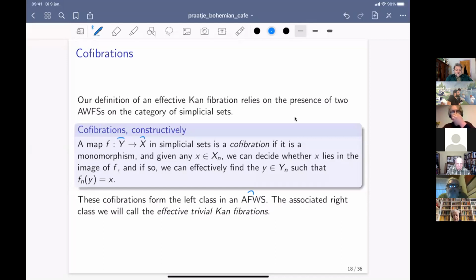And then you get at least one of the setups, an algebraic weak factorization system. And that's completely constructive using the cofibration and the trivial fibration. Do you have that same setup? Yeah, that's also what we do. That's half the battle.